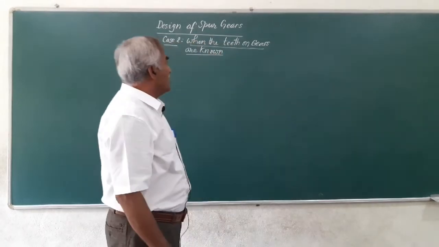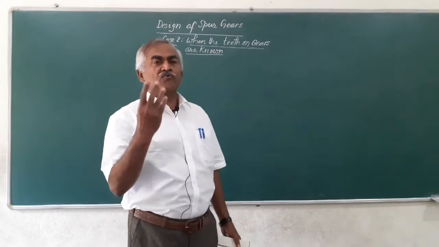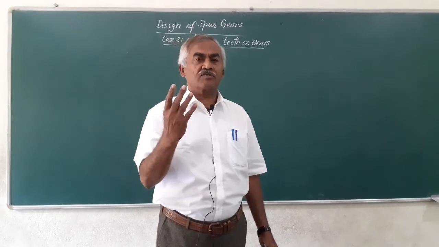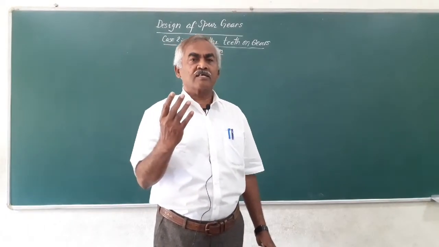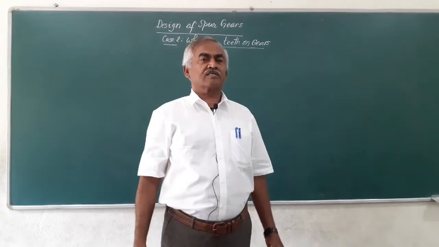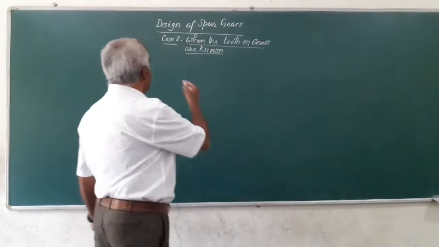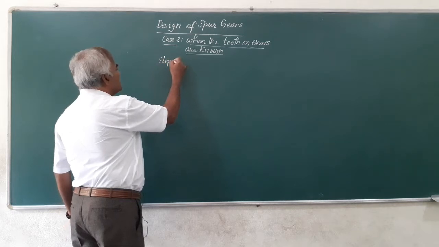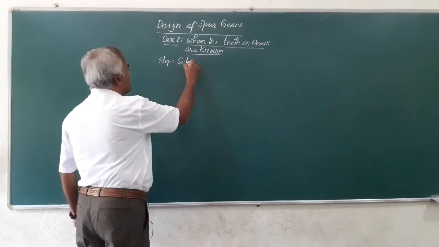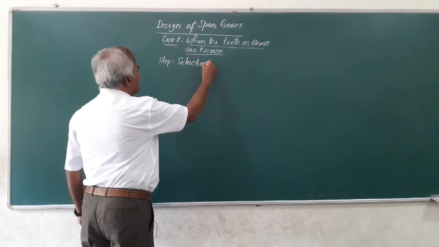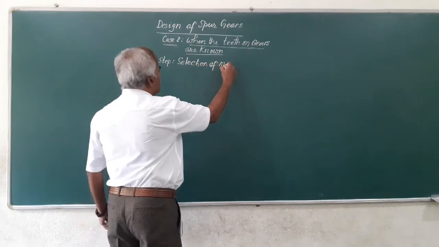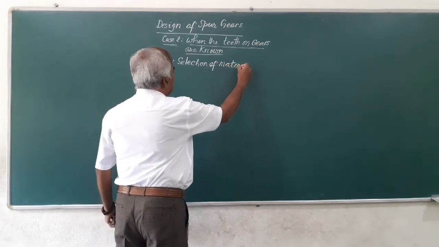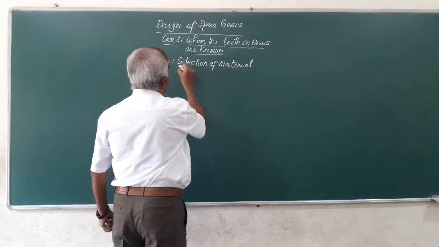And here I am going to have 4 different steps to design a pair of spur gears. Say in the first step, step number 1, I am going to have the selection of material. This is my first step.